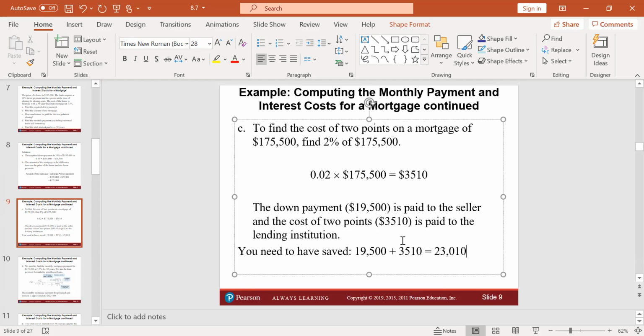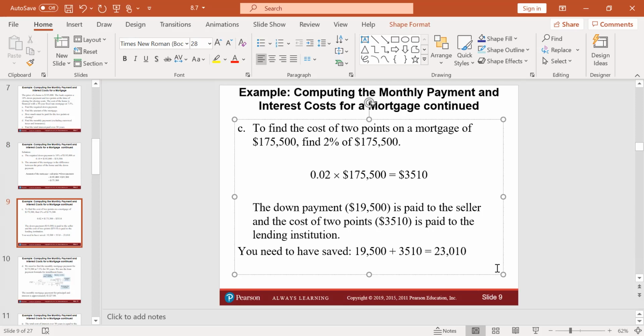It's how much you own of the house. But some of it, you just lost that money. You need to have 23 grand put aside in order to buy a $195,000 house. Imagine you required a 20% down payment. You'd have to have almost 40 grand saved up in that case, just for the down payment, plus another certain amount for the closing costs. So buying a house ain't cheap.